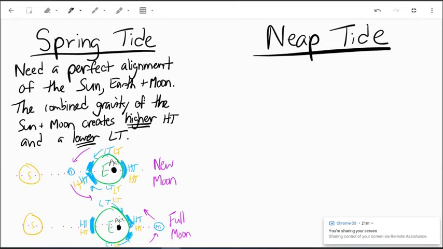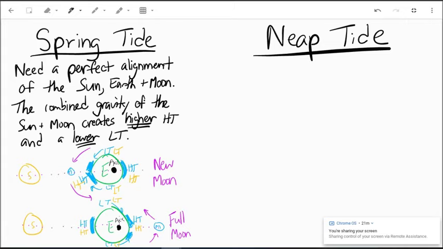That's going to make tides higher. So, is it the same thing, spring and high? No. Is spring a stronger version of the high tide? Yes. Spring tide is just a further category.